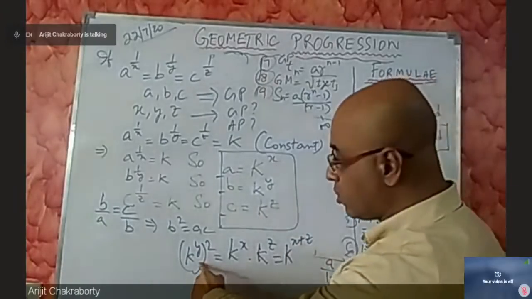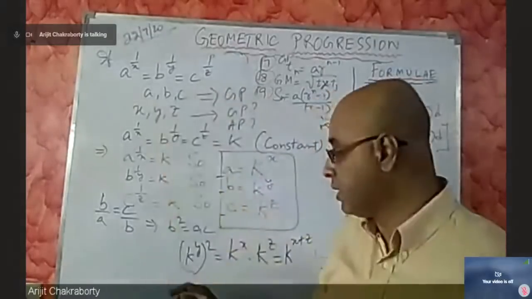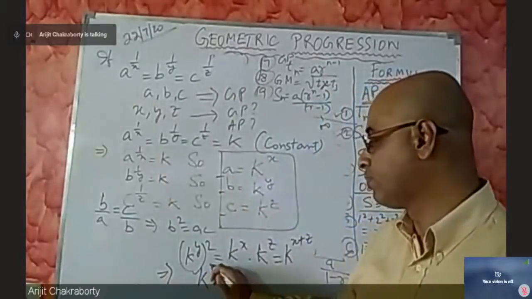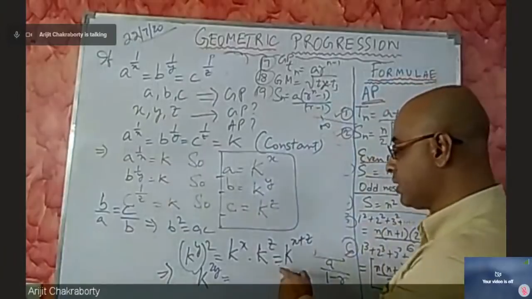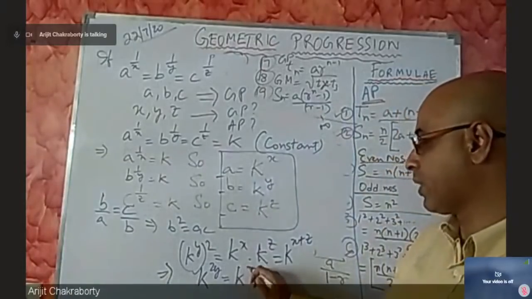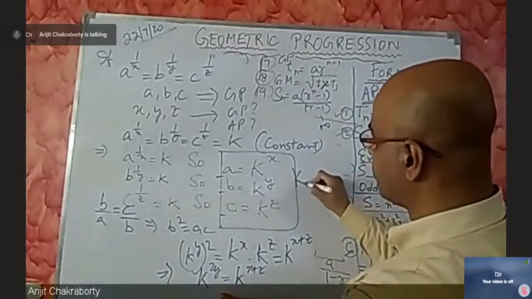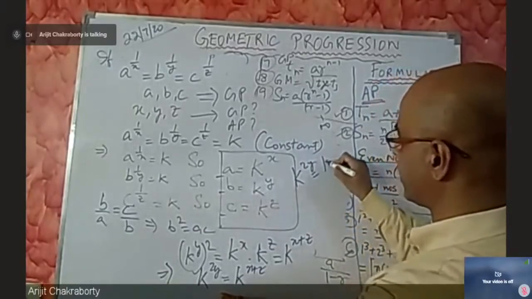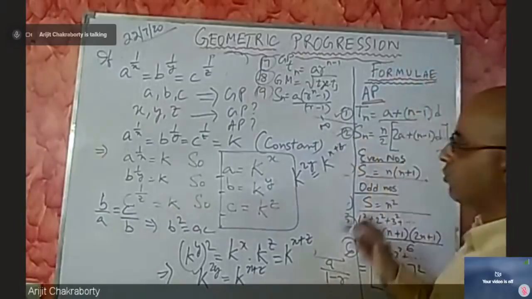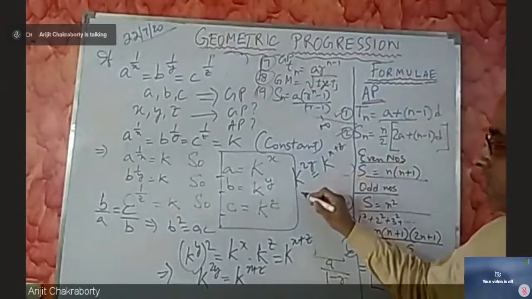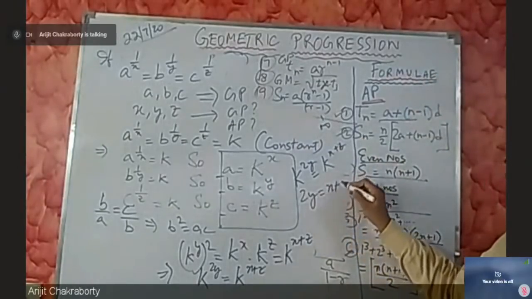And you know k to the power y whole square means what? This is actually k to the power 2y, and on the right hand side we have k to the power x plus z. So we are getting k to the power 2y is equal to k to the power x plus z, which means the relation is 2y equal to x plus z.